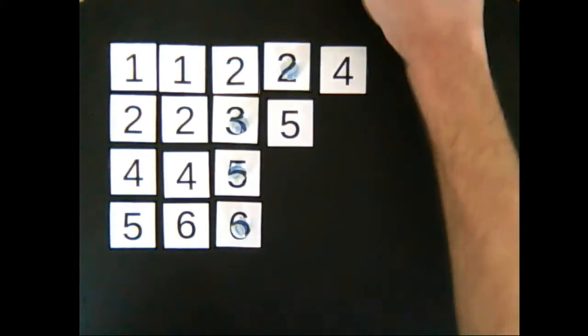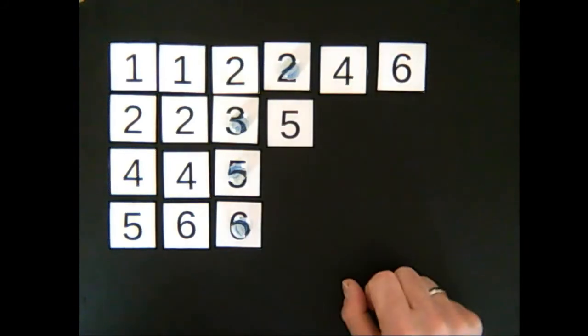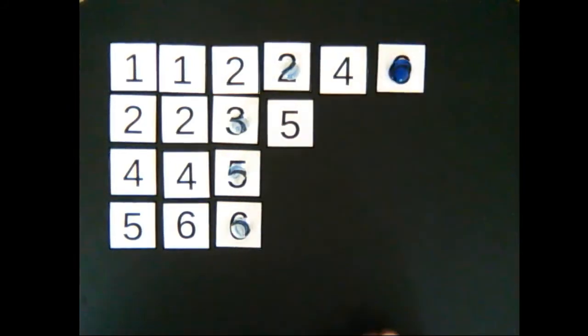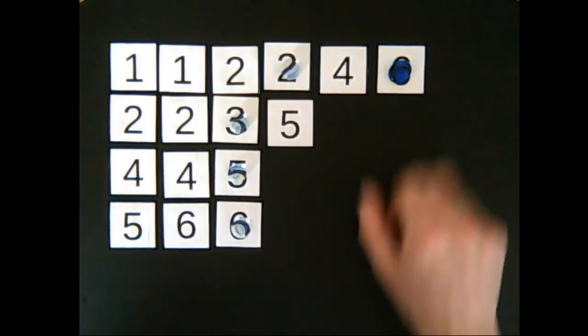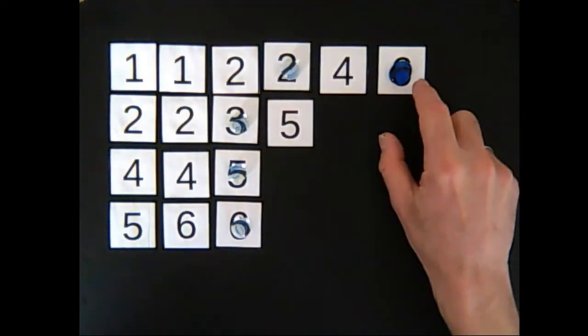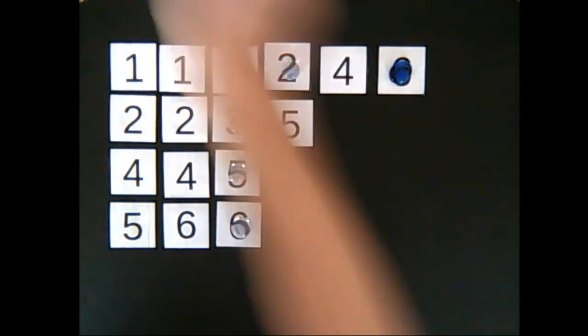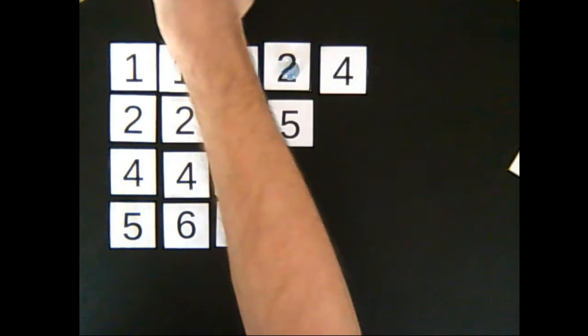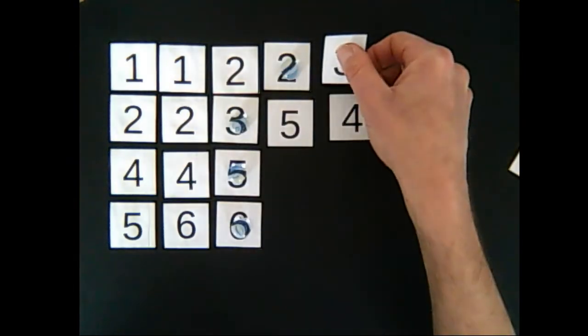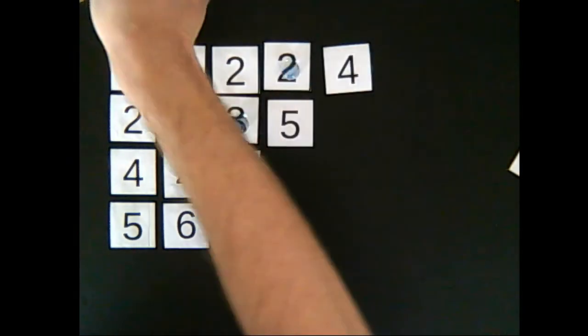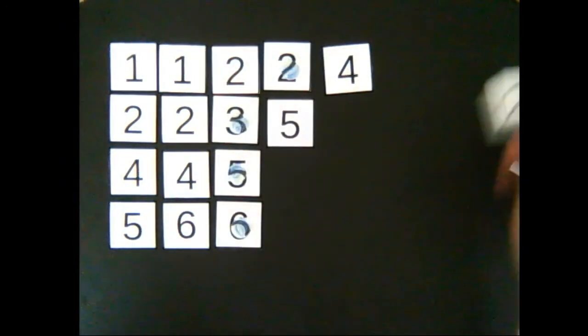So for example, if we insert a 6, it gets just added here. Same with a 5 or a 4. A 3 would, instead of the 6, bump down the 4. And so would a 2.